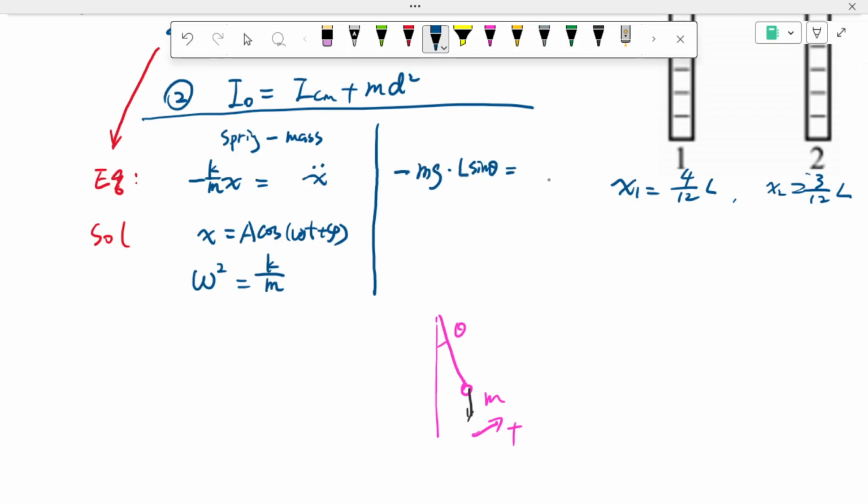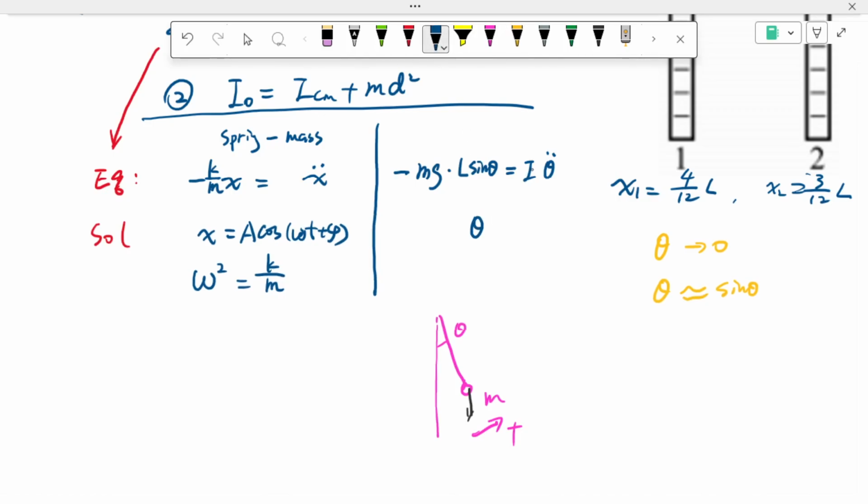And it equals I alpha, where alpha is the second derivative of angular displacement with respect to time. Now we use the small angle approximation: when theta is small, theta equals sine theta, right?